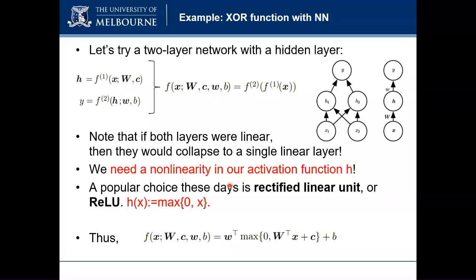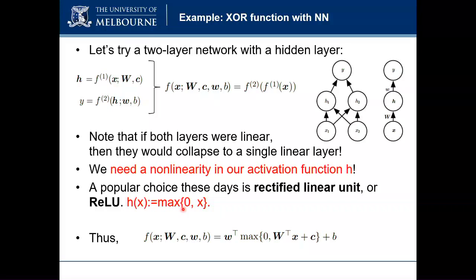That's very important. And the popular choice for the activation functions, which I will discuss further, is the ReLU, rectified linear unit. It is the simplest possible function you can think of as a nonlinearity. It is just 0 when x is negative, and when x is positive, it's a simple line.